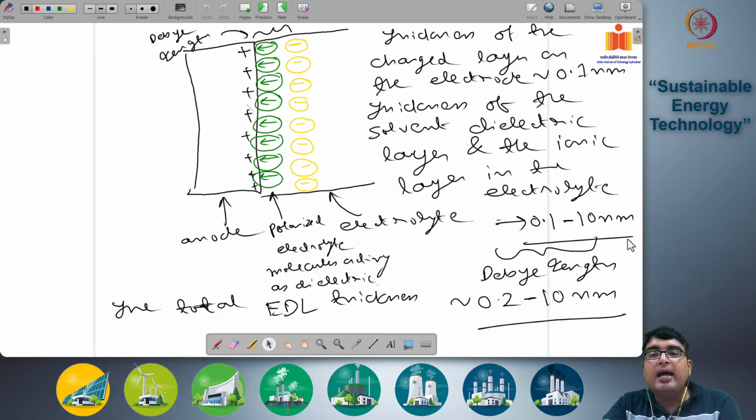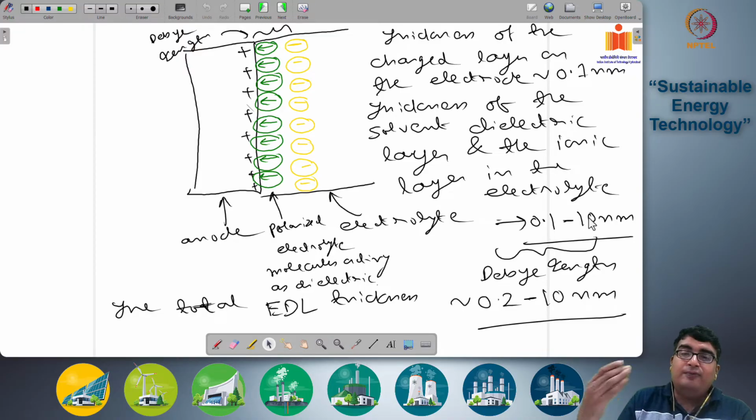Okay. And of this, the total length together is 0.2 to 10 nanometers, and this thickness of the electrolyte molecule and the charged ion together is called the Debye length, which is 0.1 to 10 nanometers.